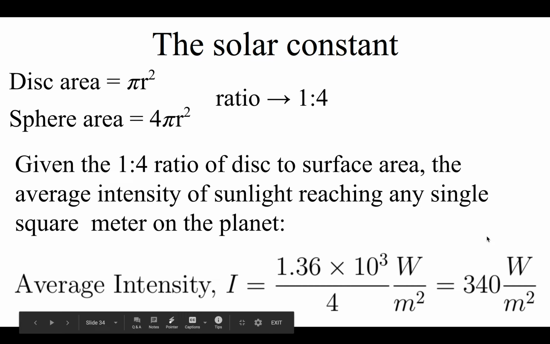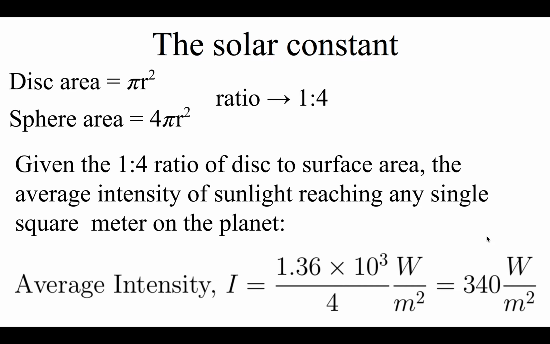So if you were standing at any point on the planet, the average intensity of sunlight is going to be 340 watts per meter squared over time. But obviously it's going to depend on where you're standing, what time of year it is, etc., etc. Okay, so this value is going to fluctuate.